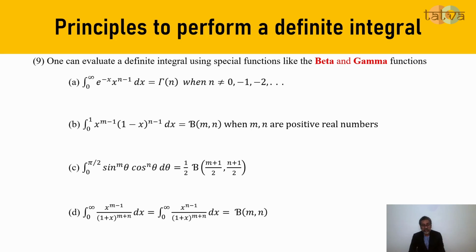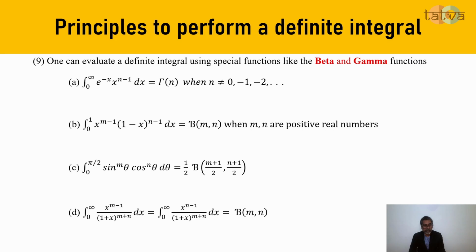Now, these are some of the special tools of integrating using the so-called special functions, beta and gamma functions. If you look at each one of them, they are highly contrasting. If you look at the first one, integral from 0 to infinity of e power minus x, x to the power of n minus 1 dx, the output will be gamma n, which is a number.